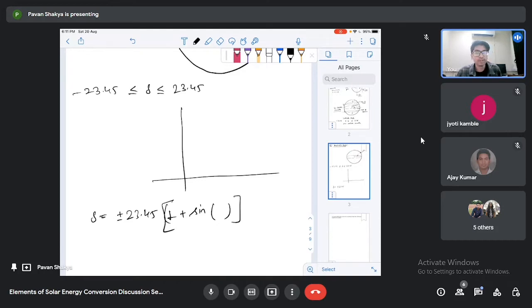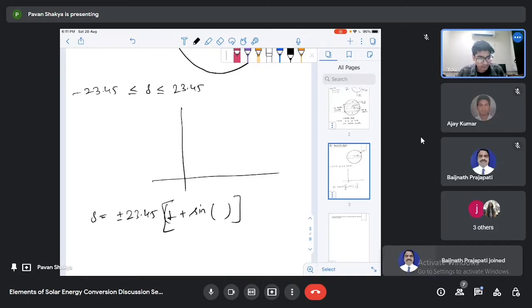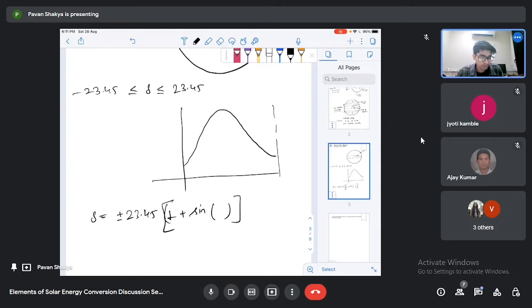So this delta varies as a sinusoidal function, like this, from Jan to December.